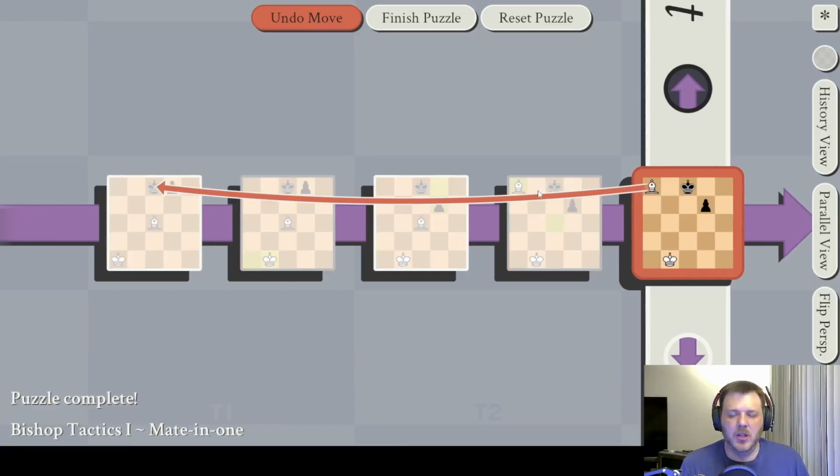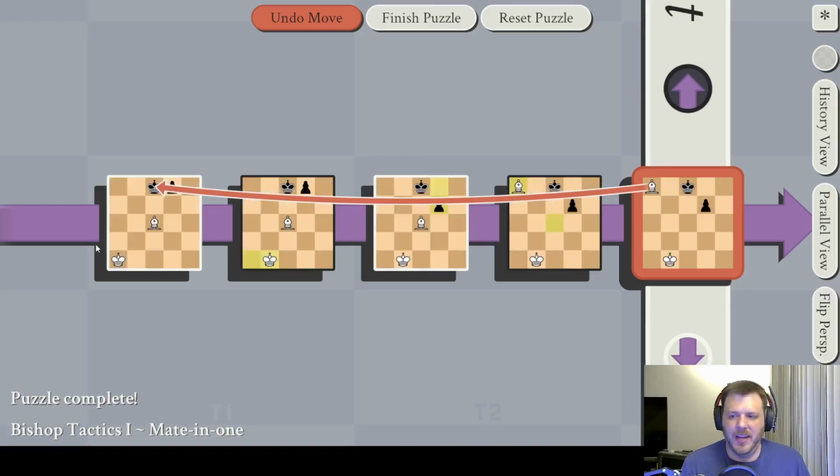Now, I assume you could block it if you could put a piece on the middle one. If he could somehow move a piece there, it would block it. Obviously, it can't be his king because that's just another check. But if he had an alternate timeline where he could move a piece back here. Yep, so let's finish that puzzle.